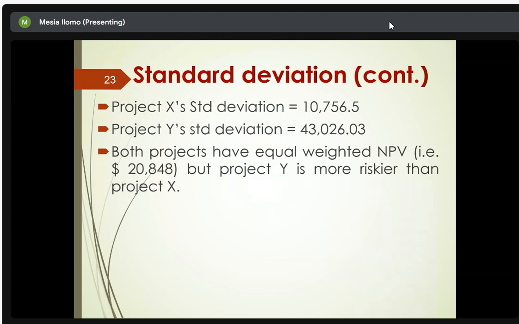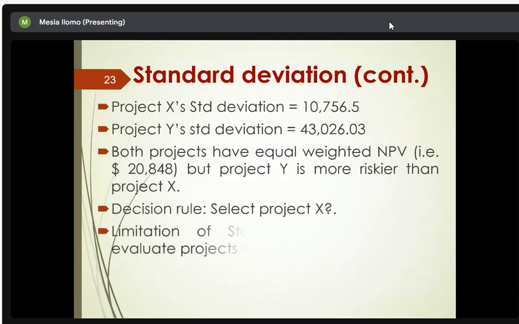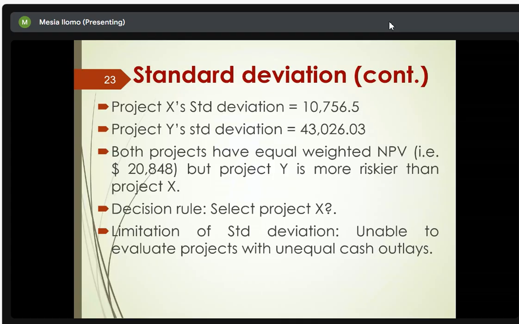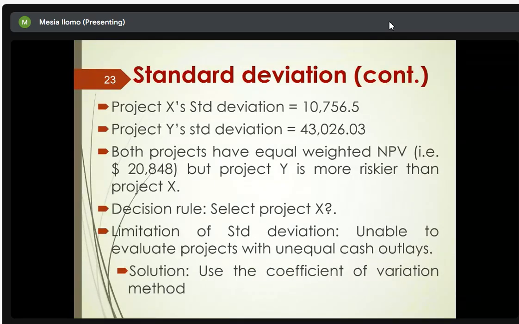But now, using the standard deviation, you can easily compare the two projects and conclude that Project Y is riskier than Project X. What we are adding here is that with the standard deviation, you are able to estimate how risky a particular project is and make an informed decision. If you are risk averse, obviously you go for Project X. But as I said, it's a bit difficult for projects with unequal cash flows. But I want us to try.